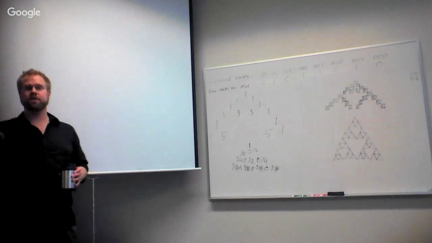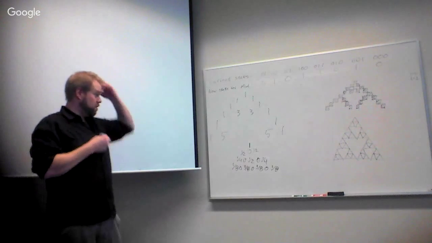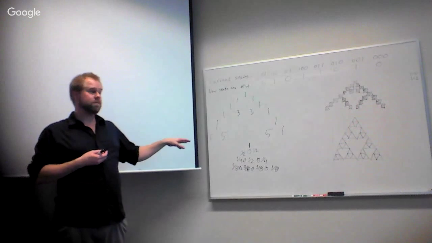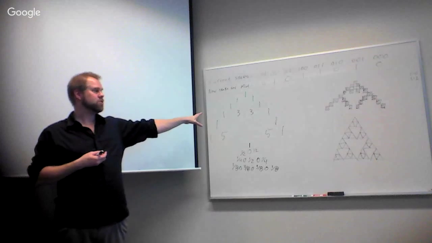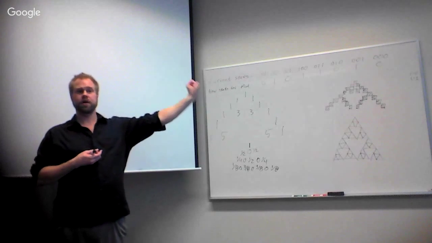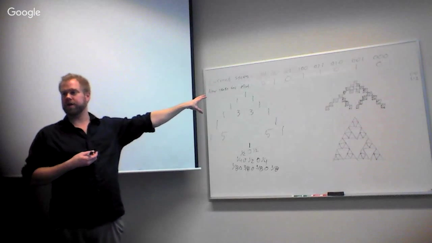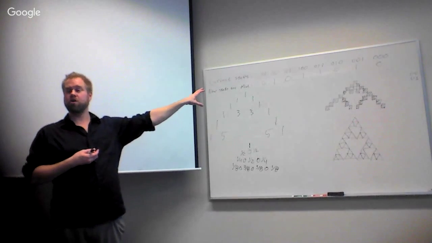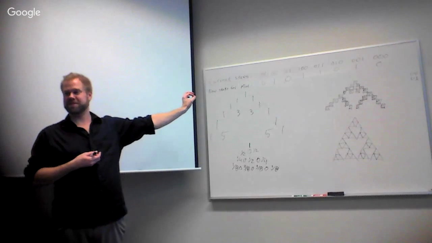Everything coming together here. What do we have up here? We have our normal distribution, our binomial theorem, our random walker, Pascal's triangle, fractal, and an elementary cellular automaton. They're all closely related.